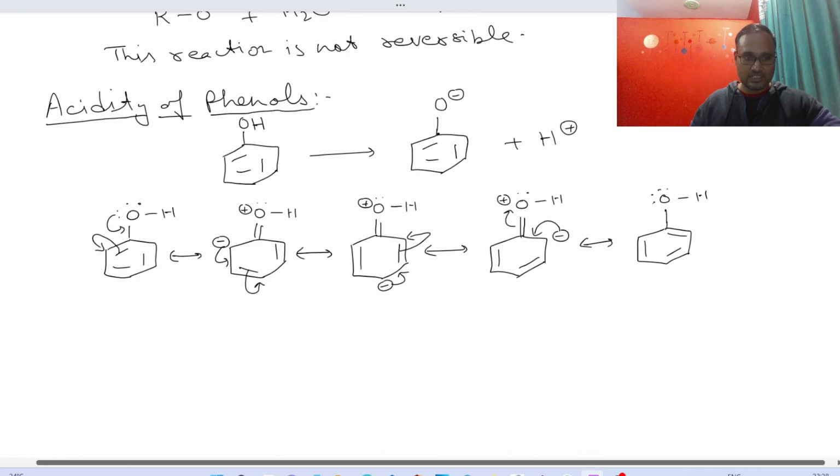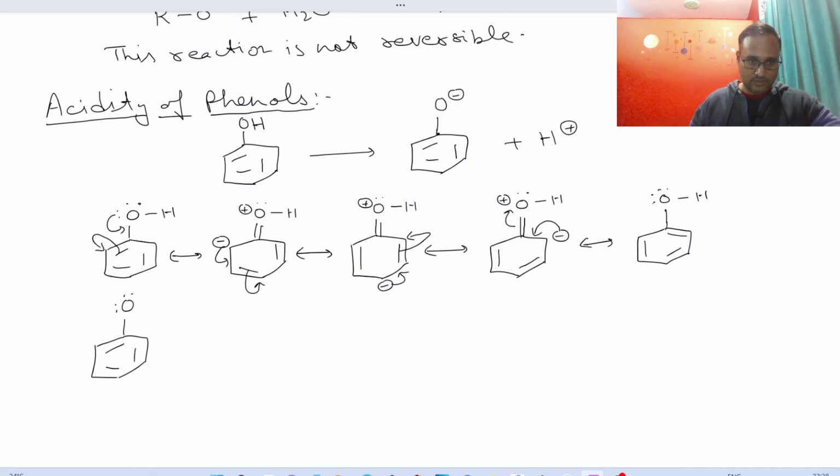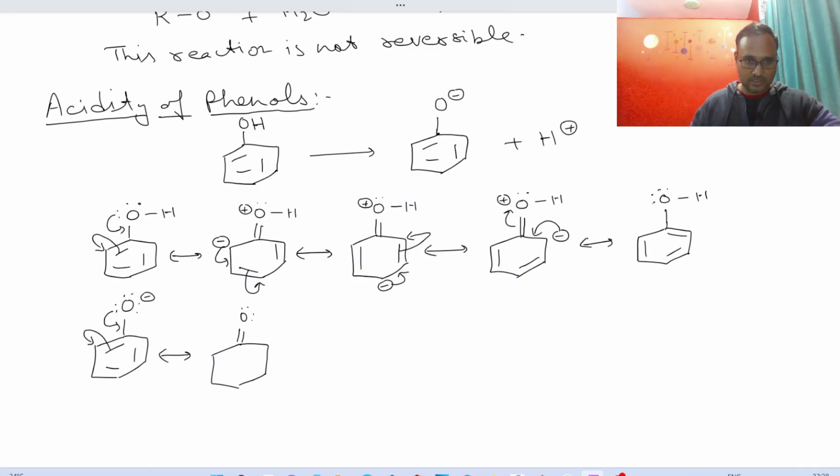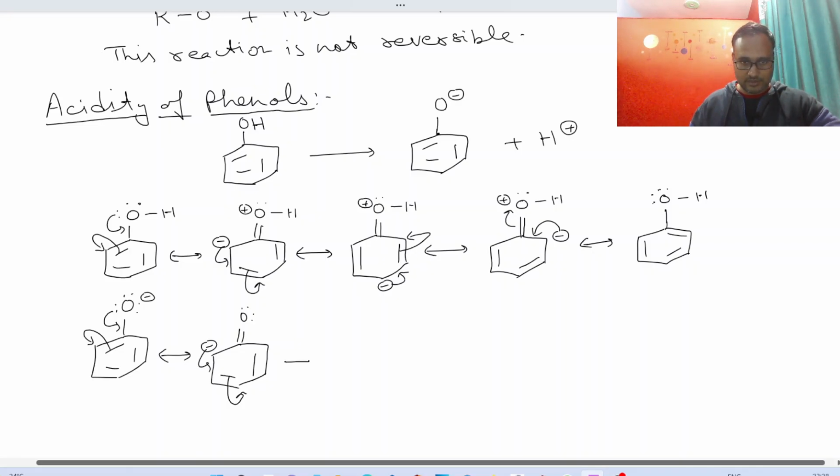And if we look at the resonating structures of phenoxide ion, let me draw oxygen with three lone pairs and a negative charge. So I will be drawing the resonating structures for this phenoxide ion. It comes at the para position.